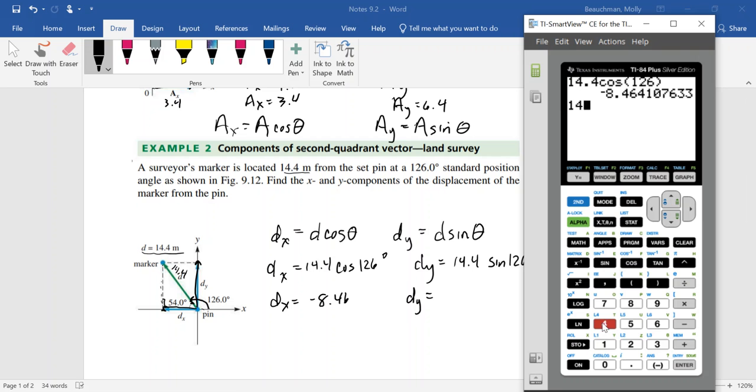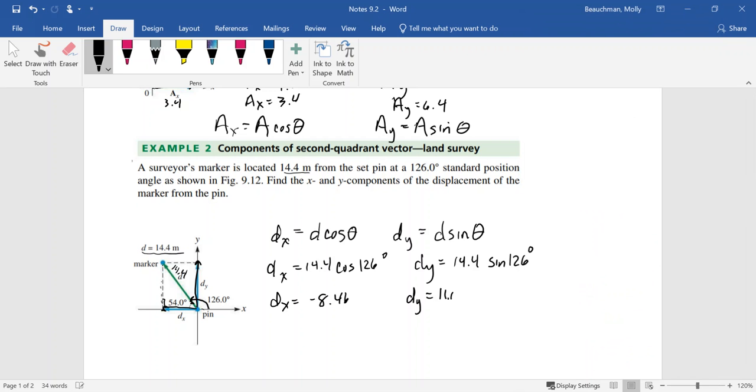So we take 14.4 times the sine of 126 degrees and end up with about 11.65. So those are our two vector components, x component, y component, negative, positive.